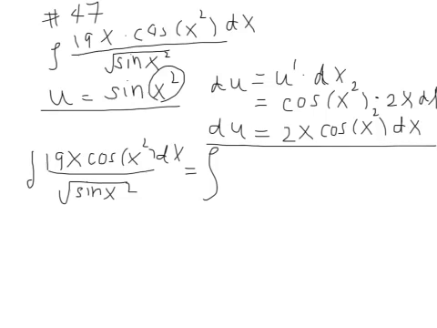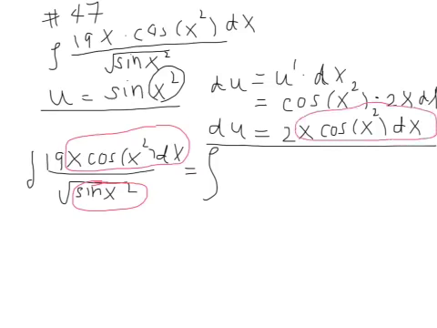You see u here, this is your u inside the square root, and you see this x times cosine of x squared dx there. Now the thing is, you want the number 2, right?